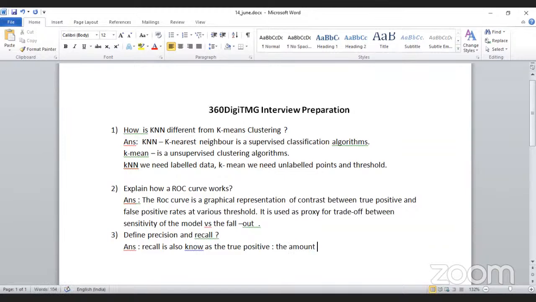The amount of positives your model claims, compared to the total actual number of positives throughout the data.